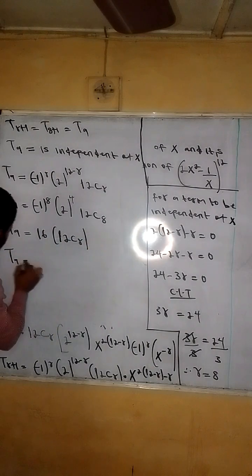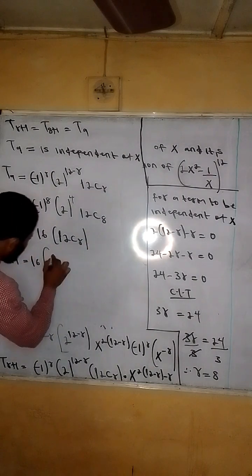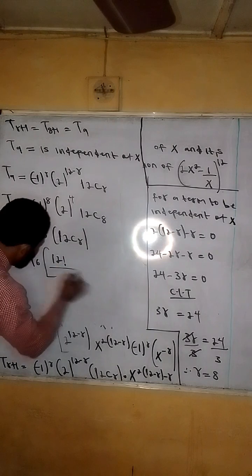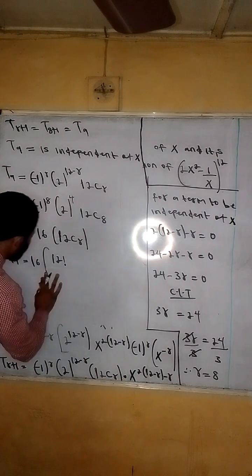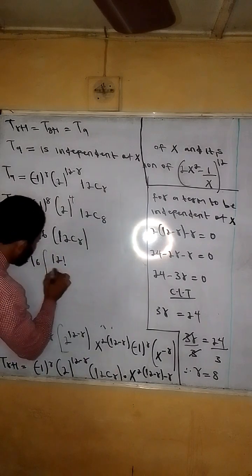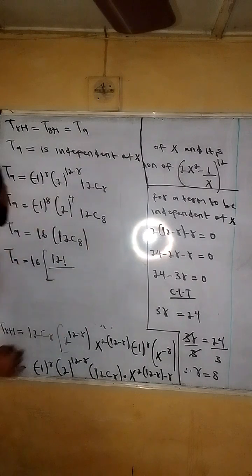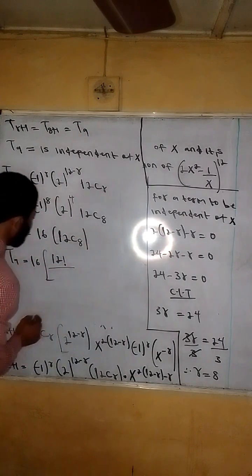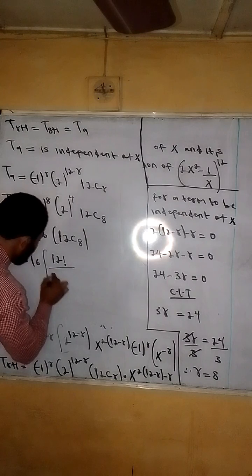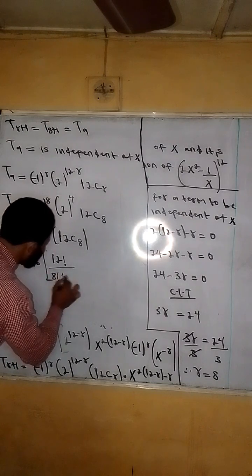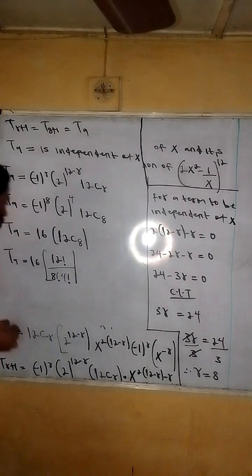So T9 is 16 into 12 factorial. Expanding this, we are going to have 12 factorial over 8 factorial, then 12 minus 8 is 4 factorial.